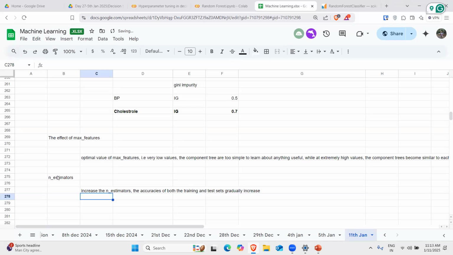And more importantly, the model does not overfit even if its complexity increases.